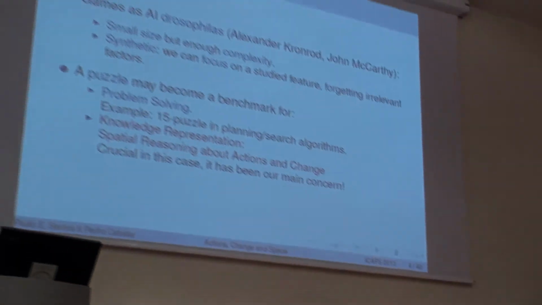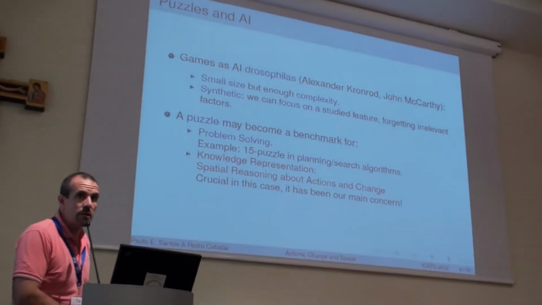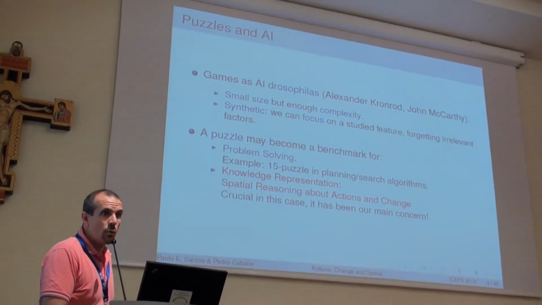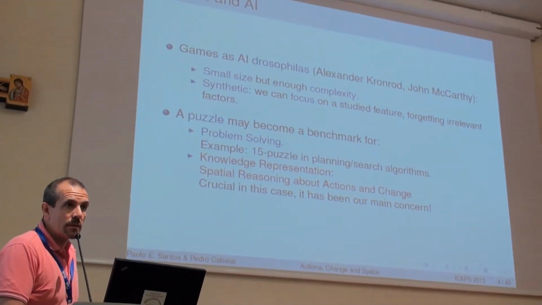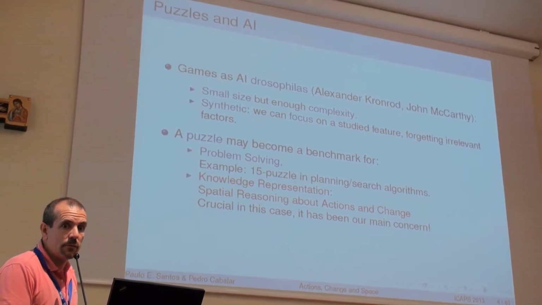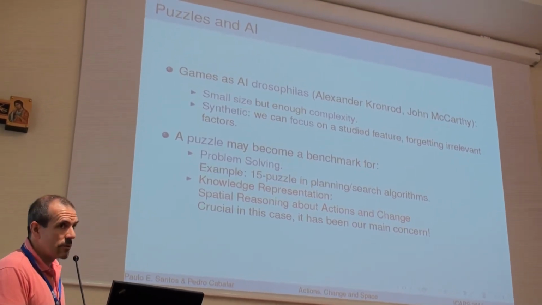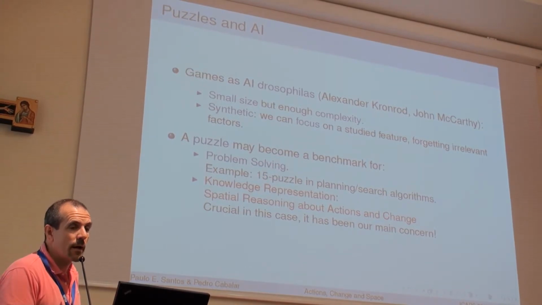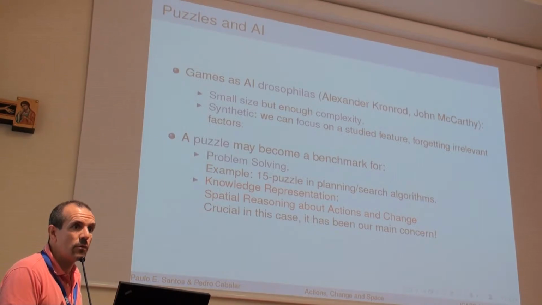I don't know if you know the role of Drosophila in genetics, but essentially it's just studying some simple example so we can really understand the meaning of genetic information. So this is also the same motivation here. We focus on a particular kind of problem. If you want to reason about the strings and holds, we can focus on puzzles which have enough complexity, but are very focused on the problem we try to solve, right?